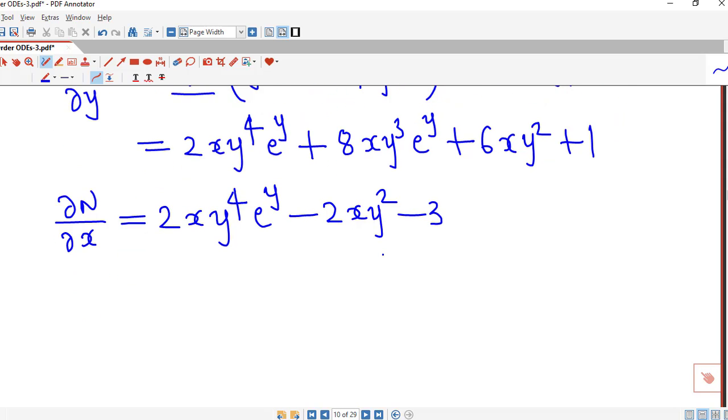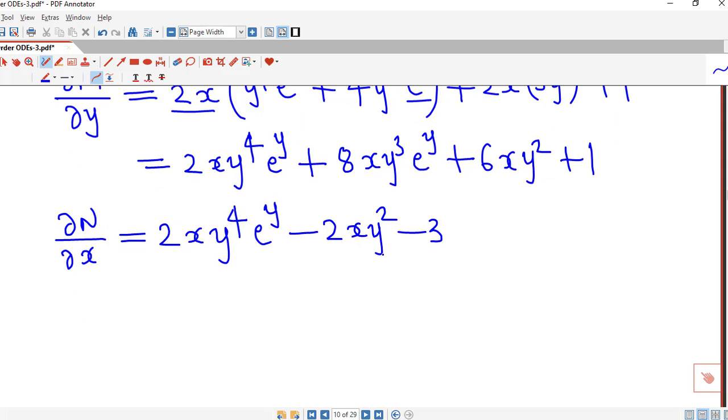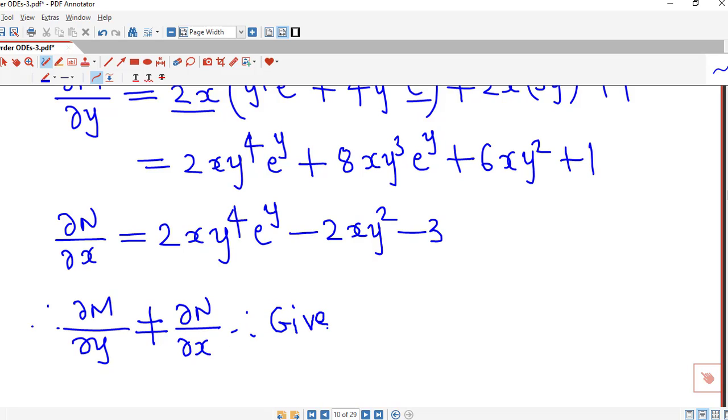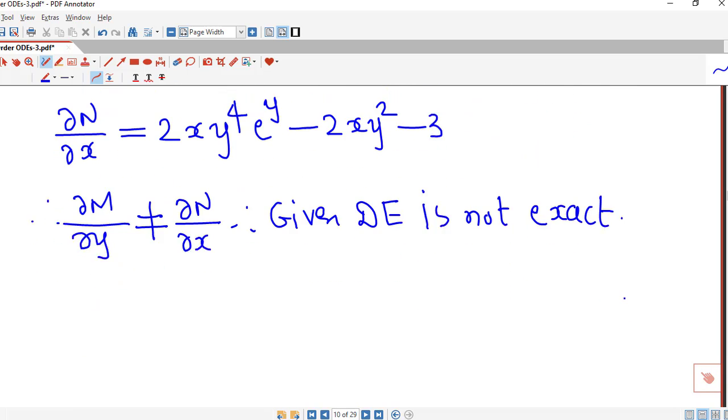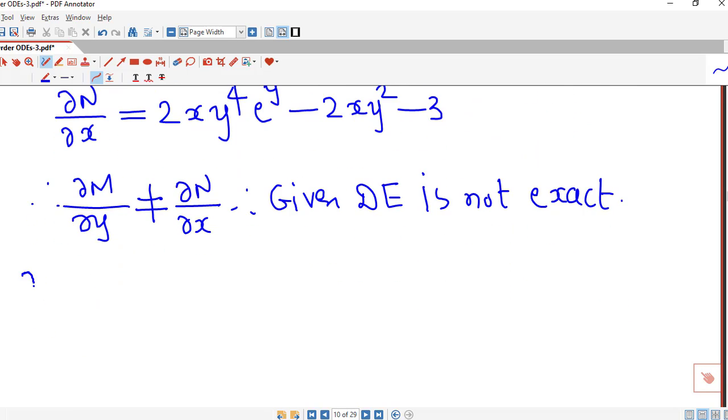Now we can take the difference of these two. Before that, we note that both are different, therefore del M by del y is not equal to del N by del x. Therefore the given differential equation is not exact, so we have to search for an integrating factor.